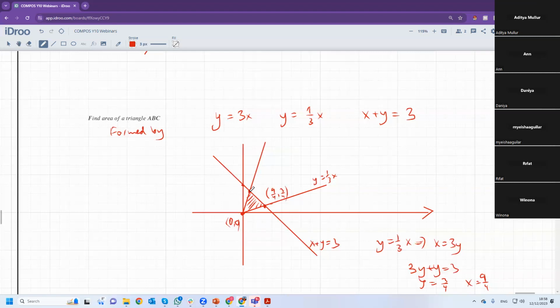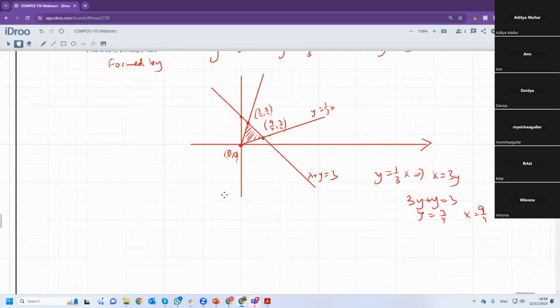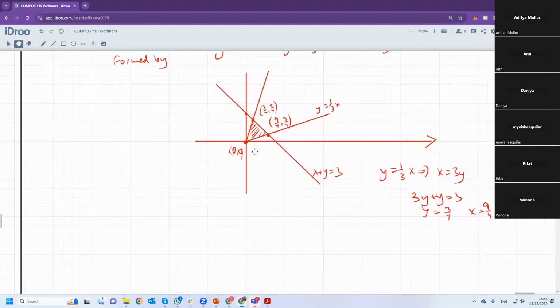And from the picture and from symmetry, I can already see that the other point is going to be 3/4 and 9/4. So I found the 2 points, and then it's up to me how I do it. If I want to find the lengths of each side, or I could be cheeky and say, I need the distance.